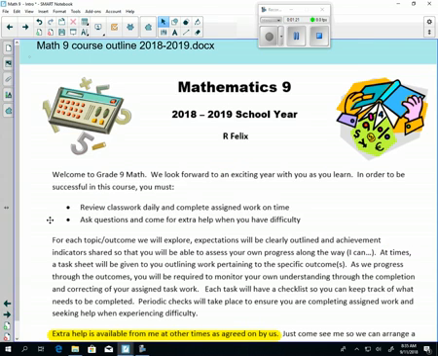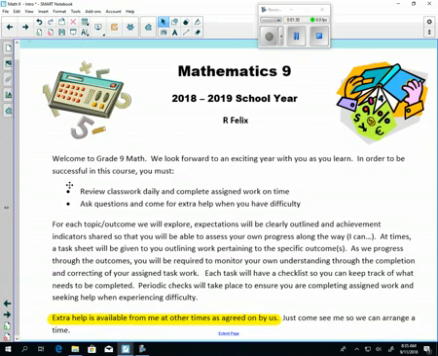All right, on your pickup box, you'll also see a copy of your course outline. There's a little bit of a welcome blurb at first, and some recommendations that you should be completing your assignments each day and have them into my basket by at least 3 o'clock.